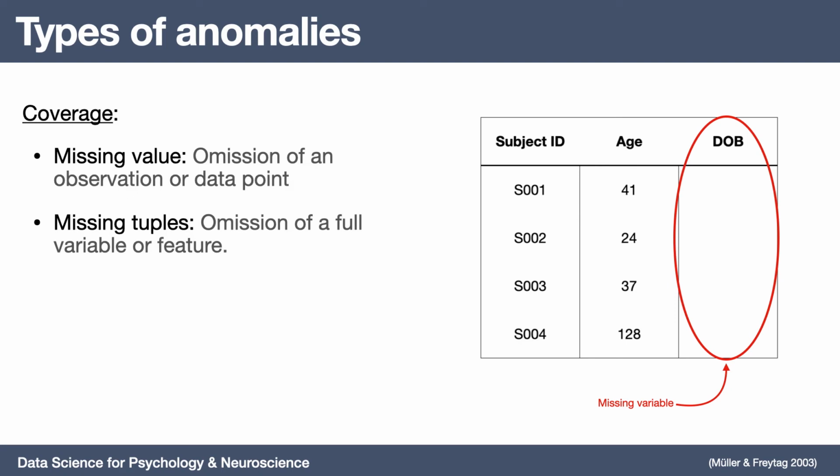NaNs, or not a number, are a common way of referring to an omitted observation or value. And this just flags in your data table that you know there's something that's supposed to be there, and you have no way of actually getting that information. That's different than these coverage errors, where you assume that there should be an entry, but there's not.